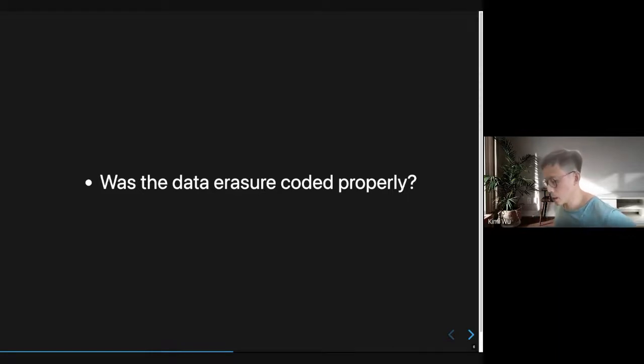Because we extend the data with more pieces, how can we ensure the extended pieces are not garbage? Maybe the block proposer just adds some garbage into the extended data. So how can we ensure the data is erasure coded properly?